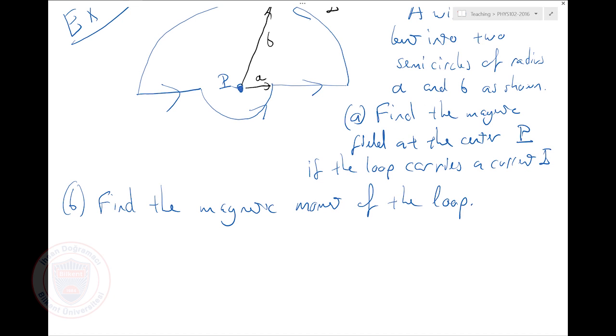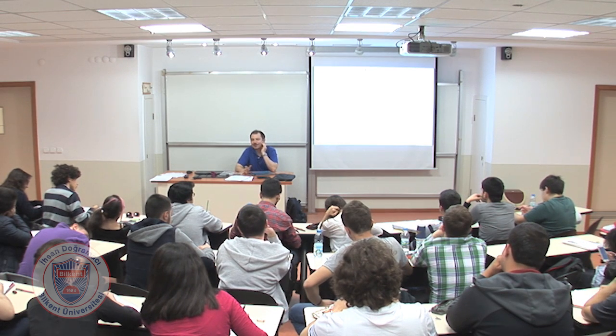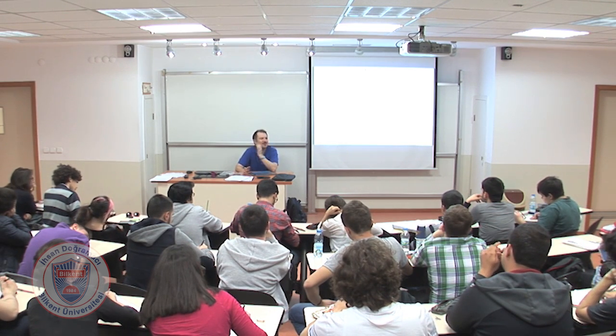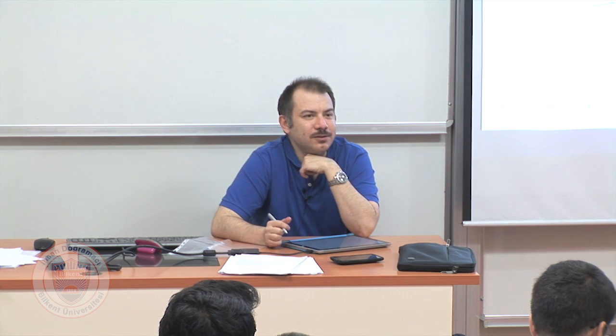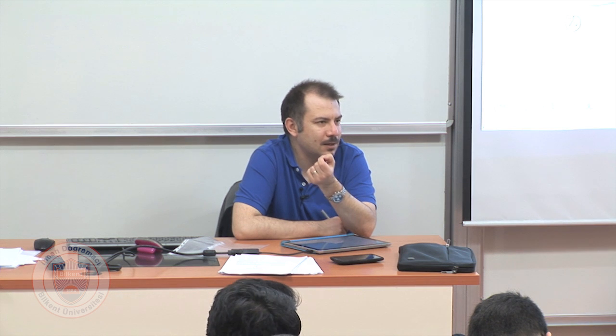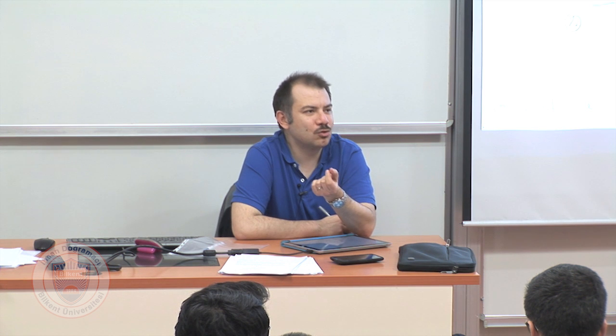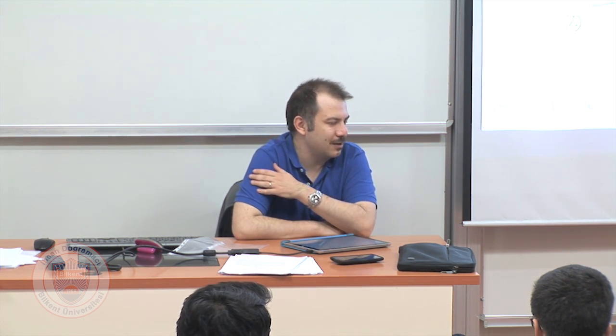How do I do that? Clearly, there isn't enough symmetry to use Ampere's law. So we're reduced to using the Biot-Savart law. But now, my loop has 4 sections: the upper semicircle, these straight sections, and the lower semicircle. So what do I need to do? I need to calculate each one of their contributions separately, and then, because magnetic field can be calculated by superposition, just add up the vectors I find.